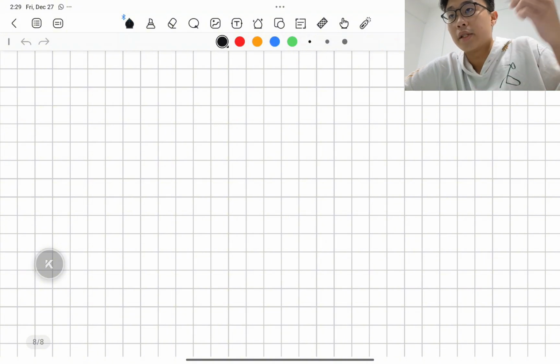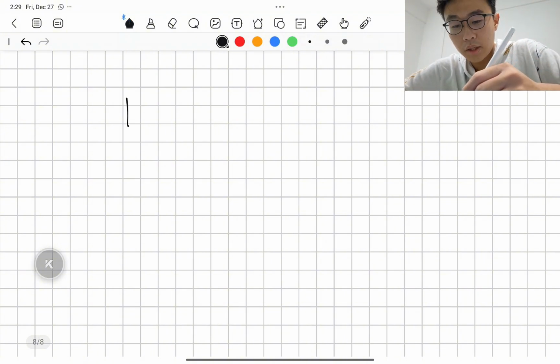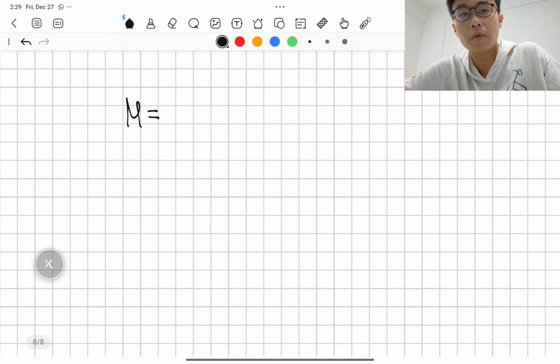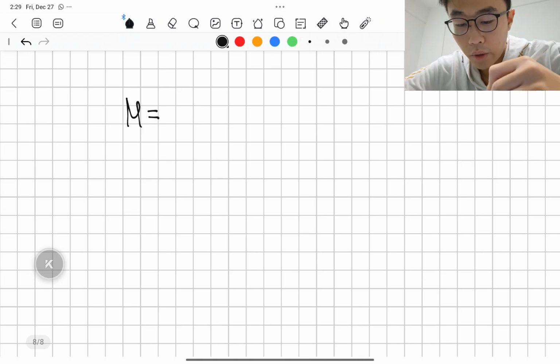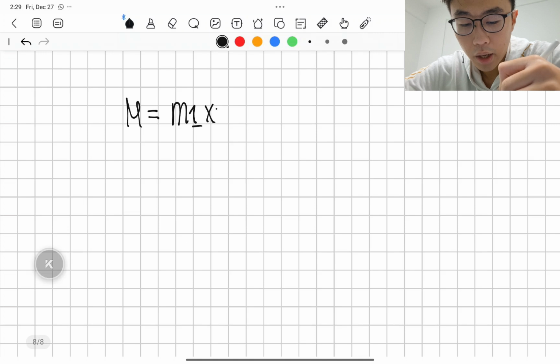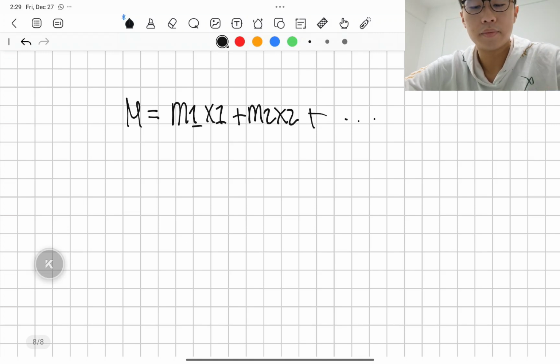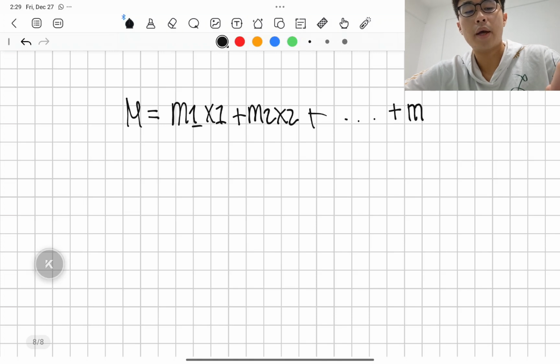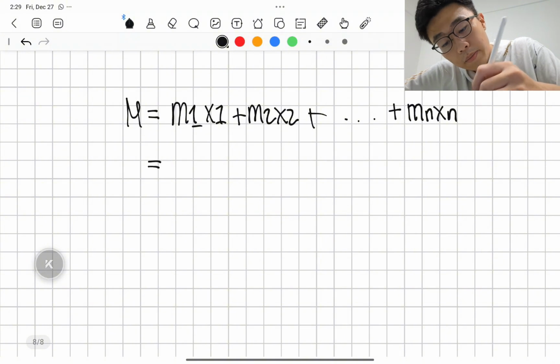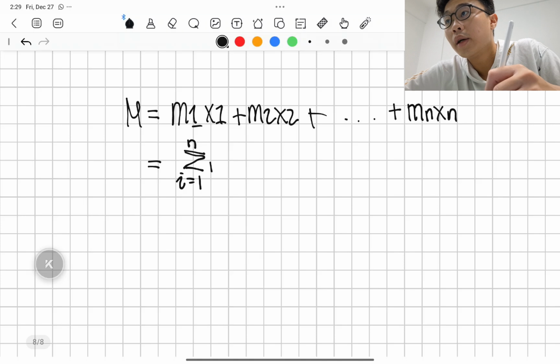Let's say we have this M, which is the total moment. M equals m1 x1 plus m2 x2 and so on until mn xn. We can simplify it by writing the sum from i equals 1 to n of mi xi.